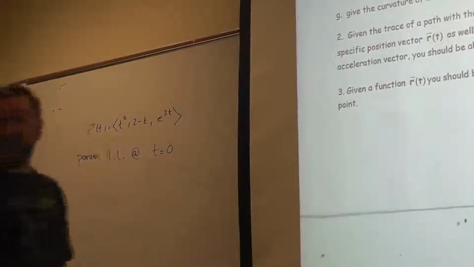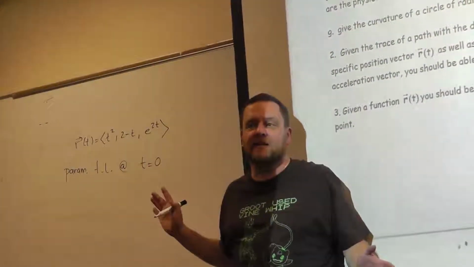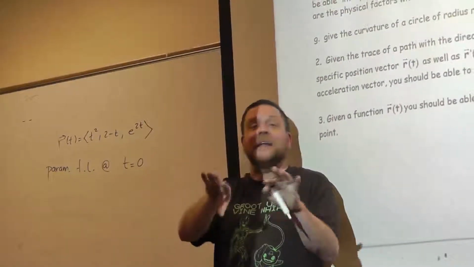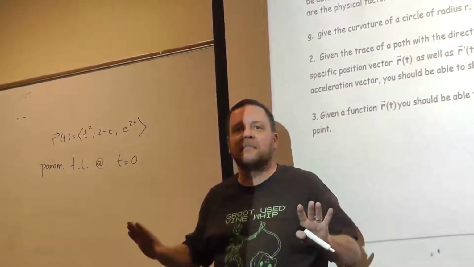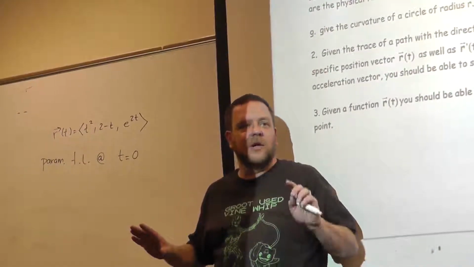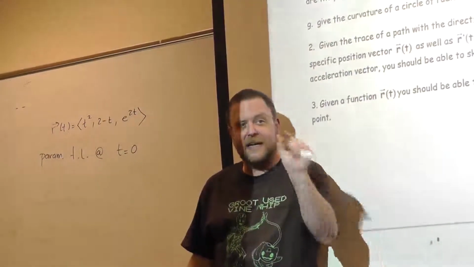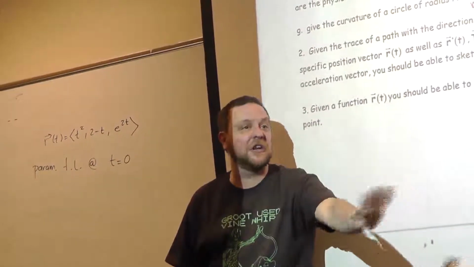How would you go about doing that? What are the two things you need to find the parametric equations for any line, regardless of the context? Just the two rudiments of finding the parametric equations for any line. Do you need the magnitude? Any vector, it doesn't have to be a unit vector.